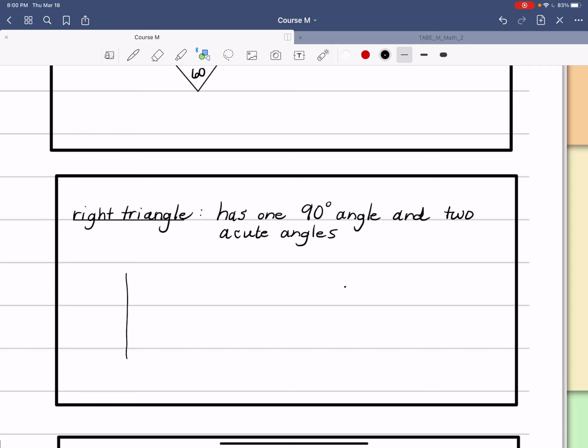For example, this fella, there's the 90 degrees. And maybe this is 50 and 40. So we would say that this is right and it's scalene because none of it matches.